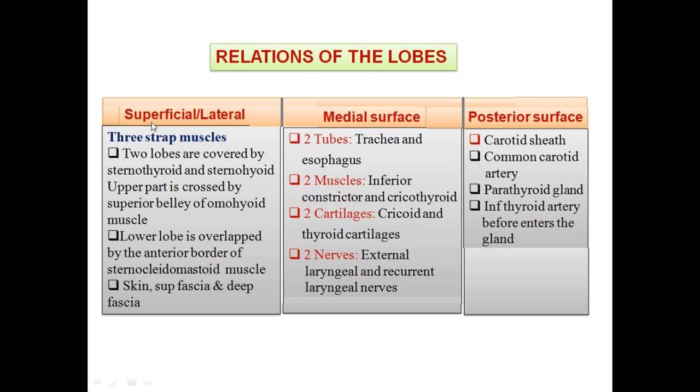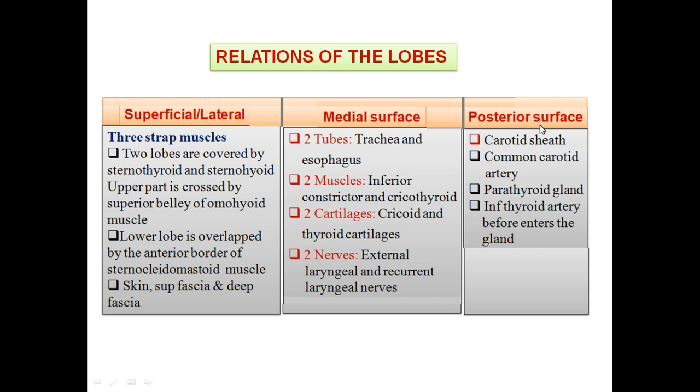The superficial surface is related to the three strap muscles and the sternocleidomastoid muscle, enclosed by the skin, superficial fascia and deep fascia. The medial surface is related to two tubes, two muscles, two cartilages and two nerves.